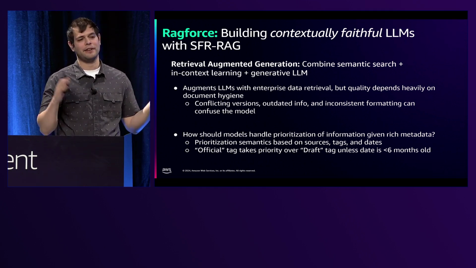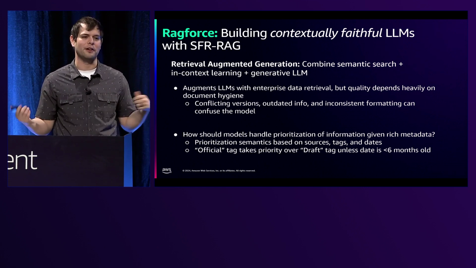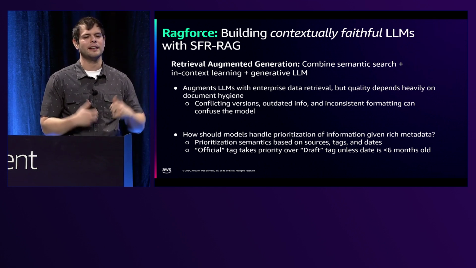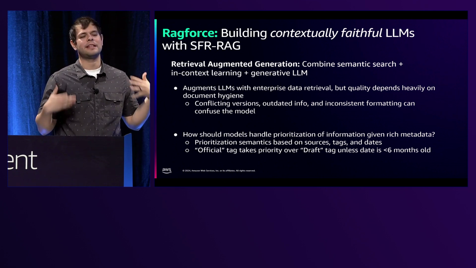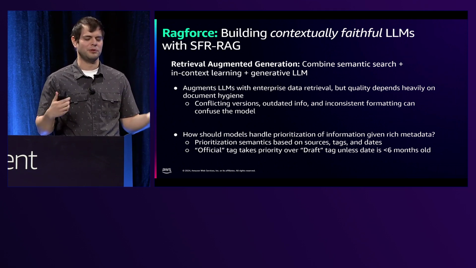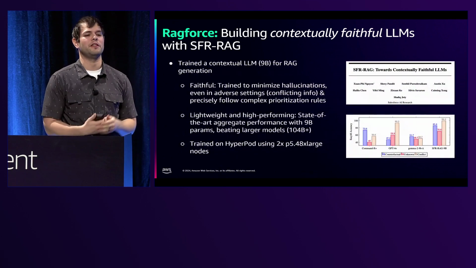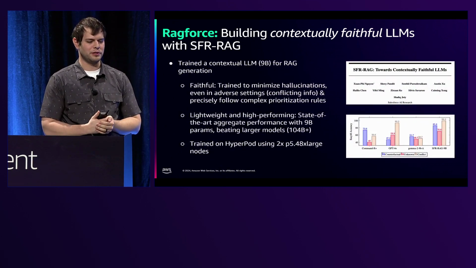But maybe you want to have a date, right? So maybe if the official document is more than 6 months stale, we should deprioritize it. How can you take an AI and have it follow these rules and actually be contextually faithful to those rules? Well, that is one of the things that we've worked on at Salesforce Research.